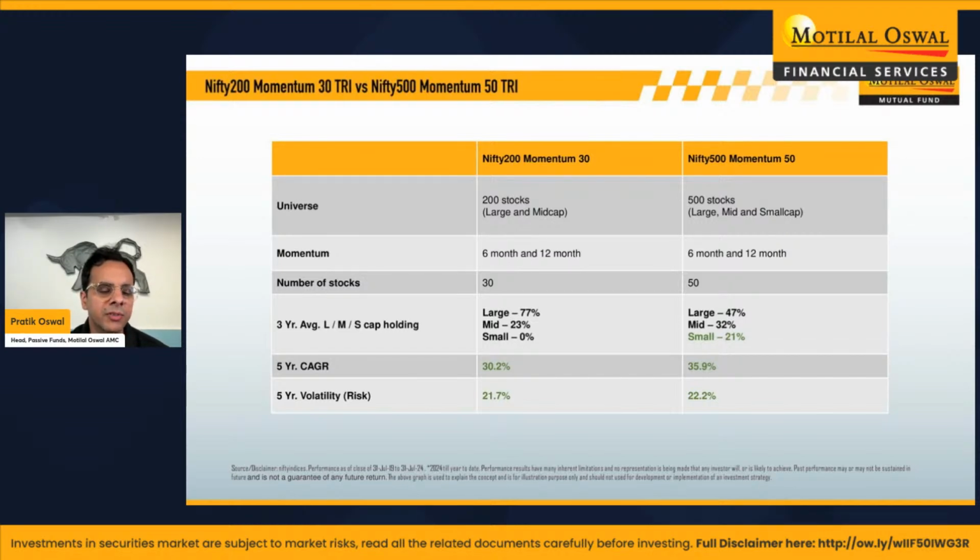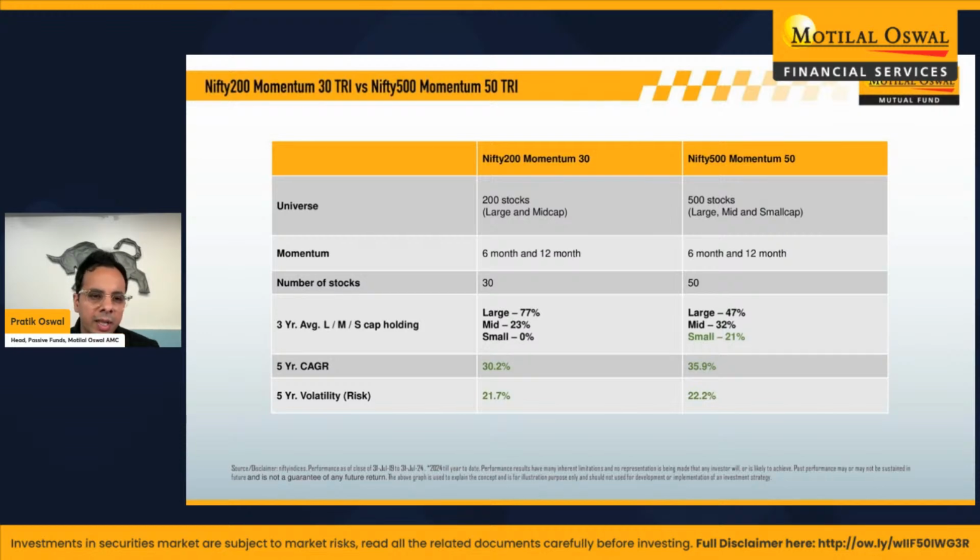But we believe that the Nifty 500 Momentum 50 is a slightly better fund. It's a slightly more flexi cap type of portfolio. You have 50 stocks, so it's more stock diversified, sector diversified, and it's also done better in terms of returns, close to 5% outperformance. We believe that both are excellent products and have very similar methodologies.